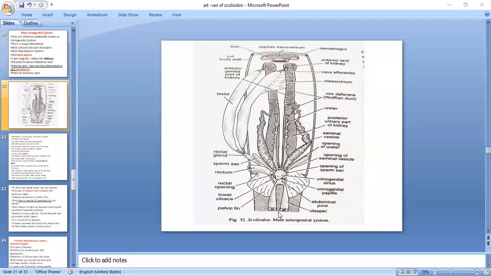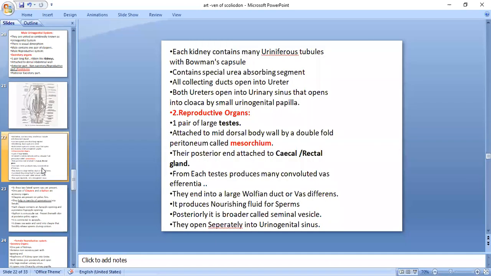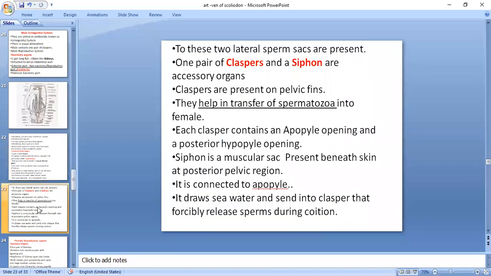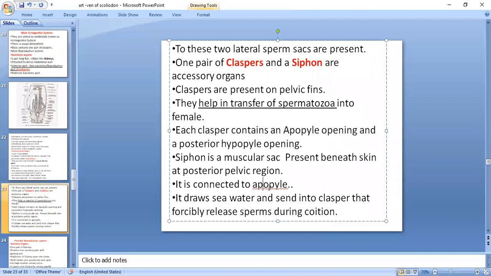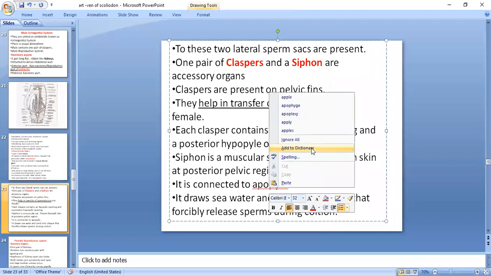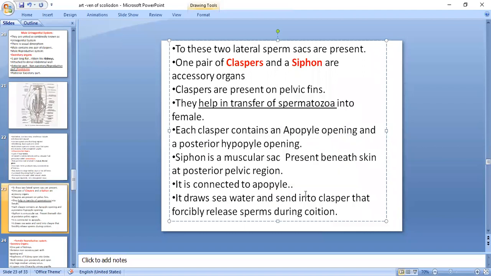The sperms are then released efficiently with the help of the siphon. So each clasper contains an apopyle opening and a posterior hypopyle opening.